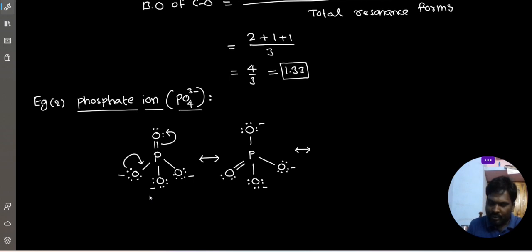Now suppose non-bonded electrons are involved, then another resonance form, another resonance form.